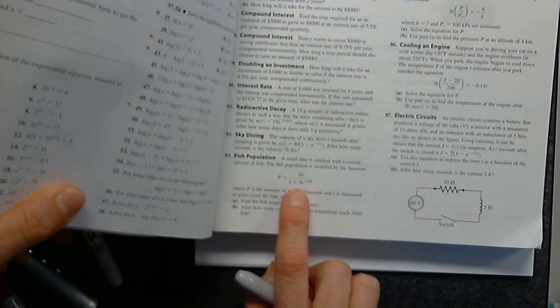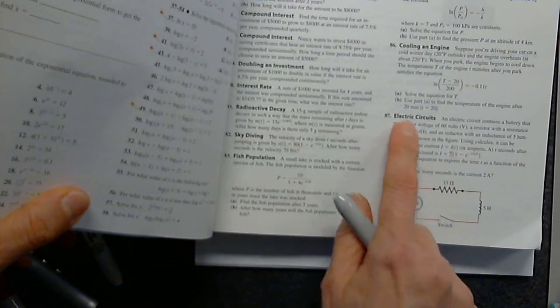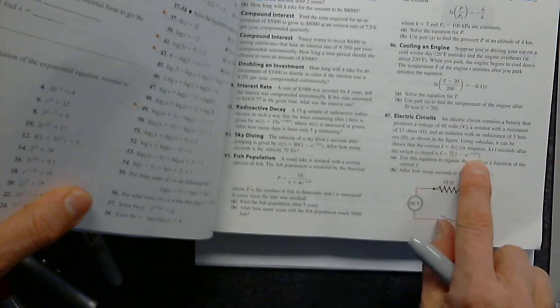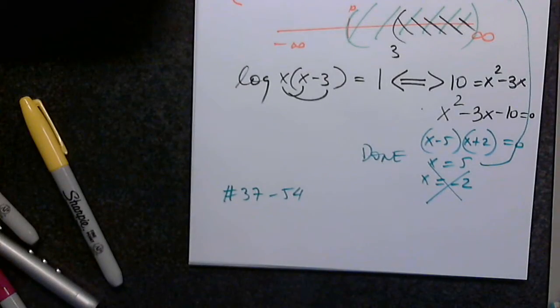Fish population. This is a logistic growth model. Look at the cooling of an engine. It has a natural log in it. Electric circuits. SEC has an exponential in it. Just everywhere. And then I like to look at exponential growth and exponential decay. And that's the end of chapter 4. Okay, which one? Okay, 50.